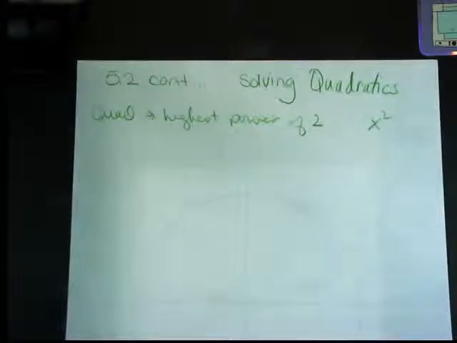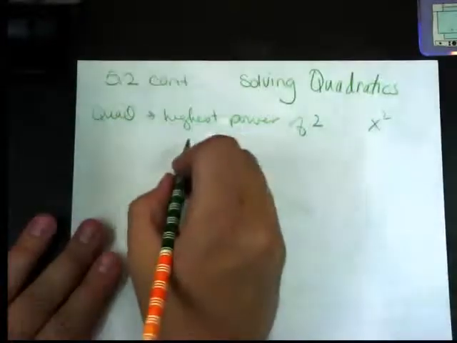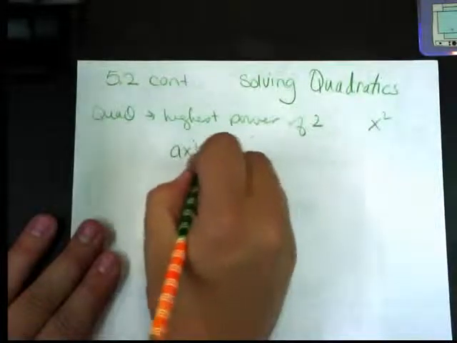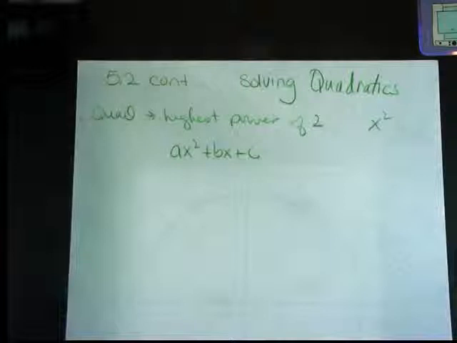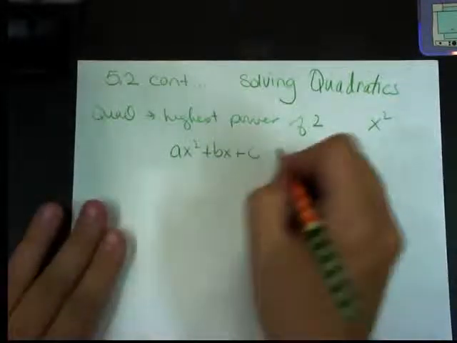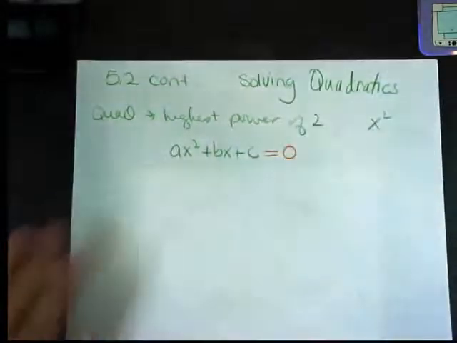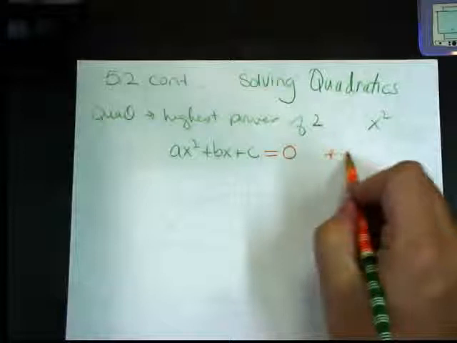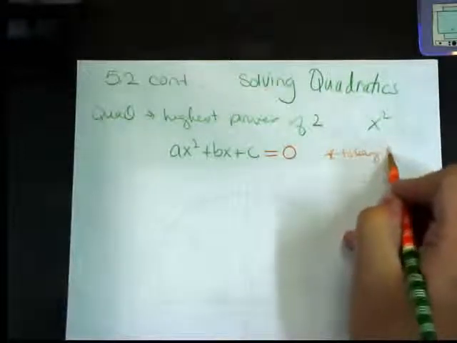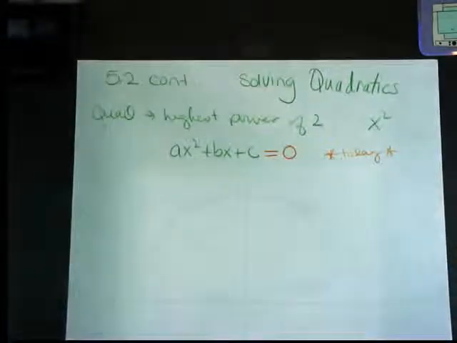So with yesterday's assignment, or the last couple days' assignments, we had ax squared plus bx plus c, or a minus in there. Well, what's going to change with today's is when we're solving is that now we have an equal 0. That's going to be the difference of today, is that now we have an equal 0.